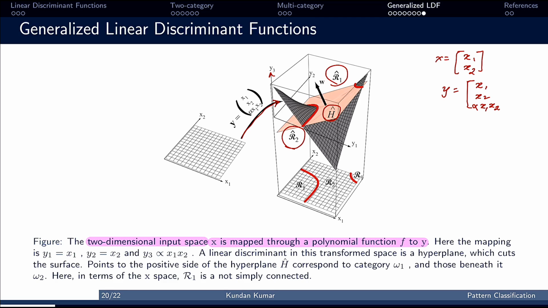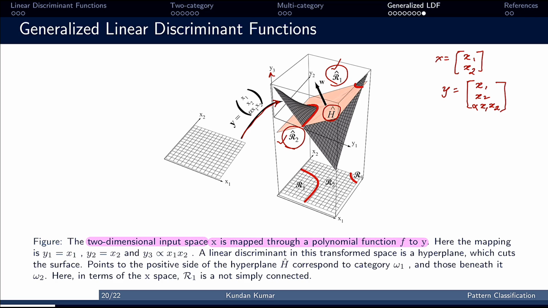Okay. So, whatever points are above this surface will be counted in the class omega 1, and whatever points are below this surface will be counted in the class omega 2. Okay.